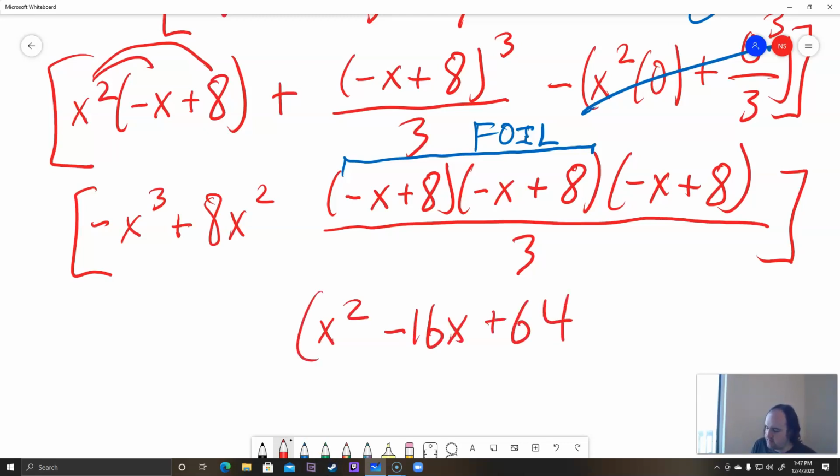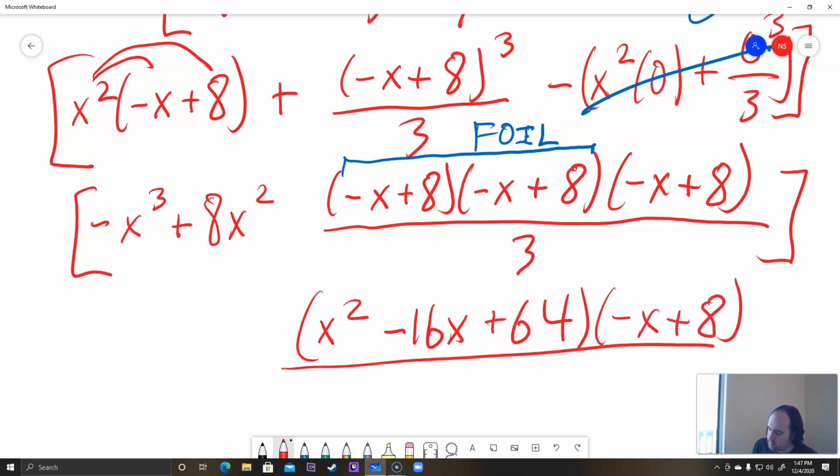So we have x squared minus 16x plus 64 times negative x plus 8 all over 3. Okay? And then we still have the negative x cubed plus 8x squared out front.